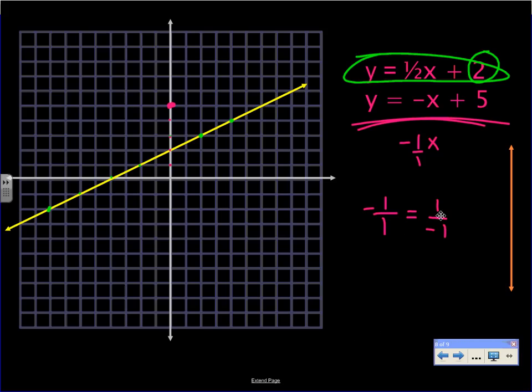All right, so negative 1 over 1 means down 1, to the right 1, down 1, to the right 1, and that's where they're crossing. And notice that I'm crossing down 1, to the right 1, right there, right there.